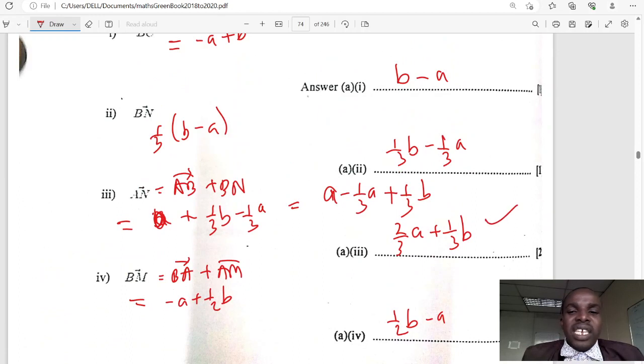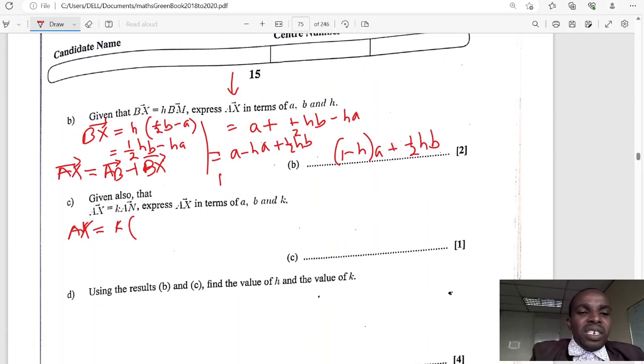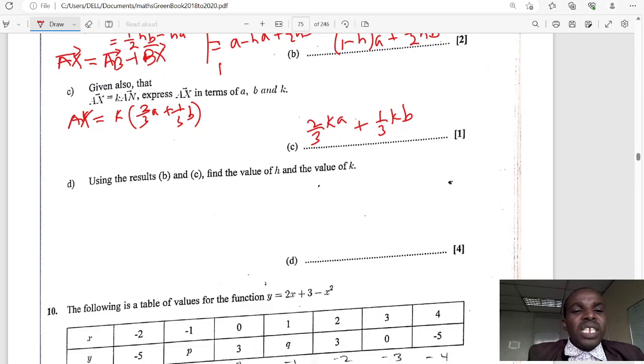Yes, it's here: 2/3 A plus 1/3 B. Then you remove your bracket, you get 2/3 KA plus 1/3 KB. So that's your AX.